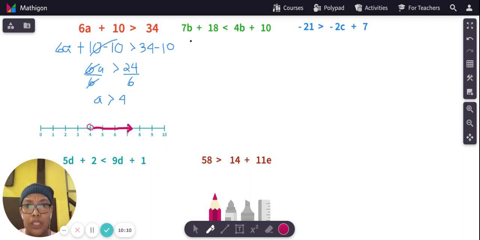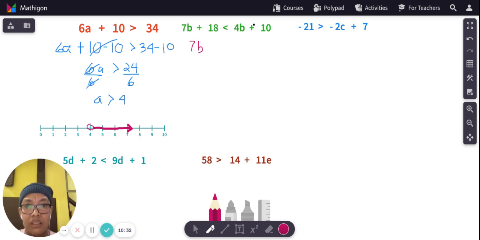So how about this one? This is 7B plus 18 less than 4B. So what you will do is transfer positive 4B to the other side, or you subtract positive 4B on the right side.